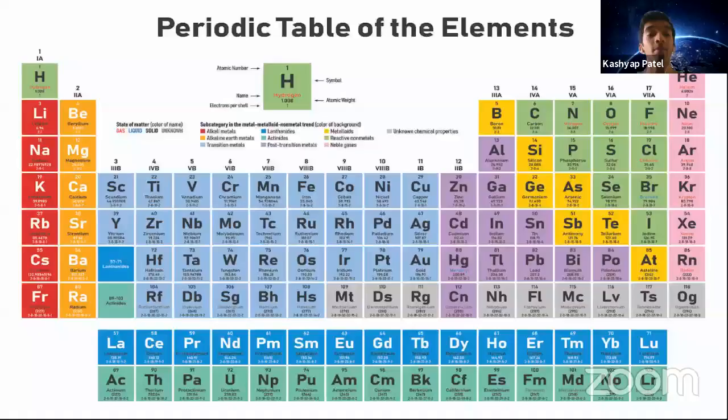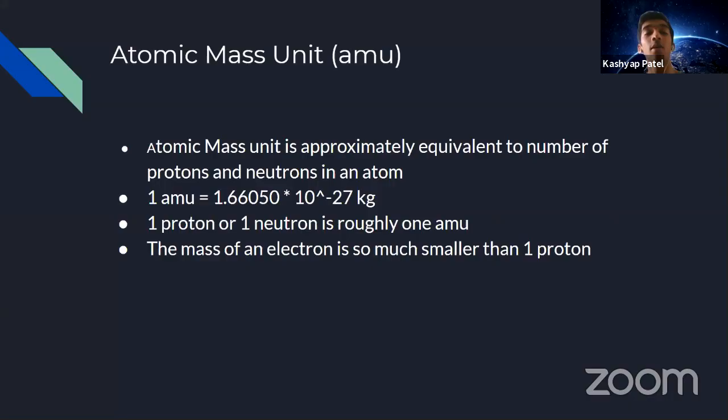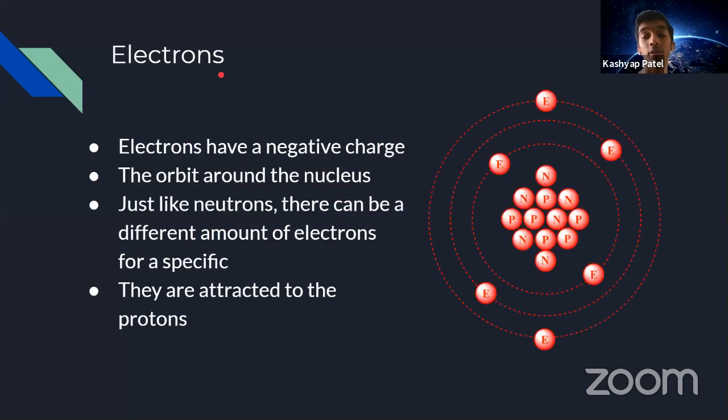So going back to atomic mass units: one proton or one neutron is one atomic mass unit. If we take carbon here, this is a carbon atom because it has 6 protons and also 6 neutrons. So 6 plus 6 is 12.